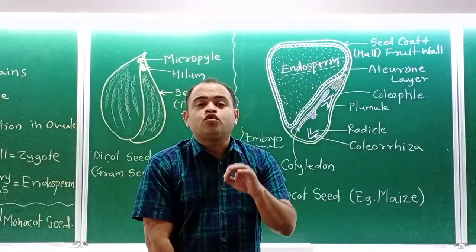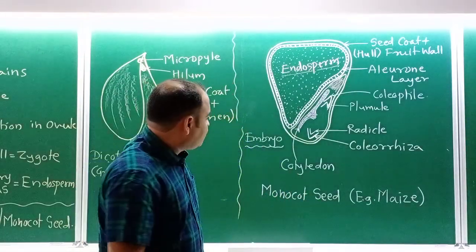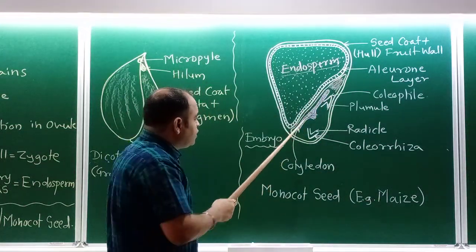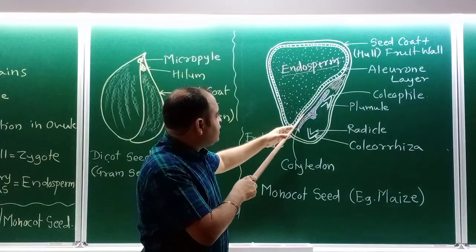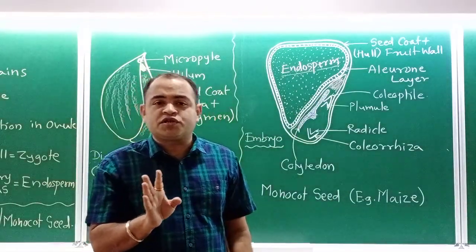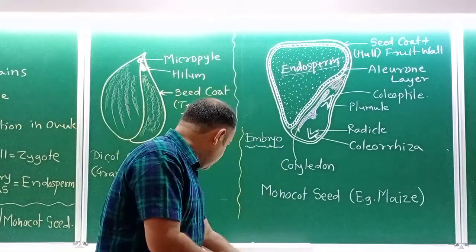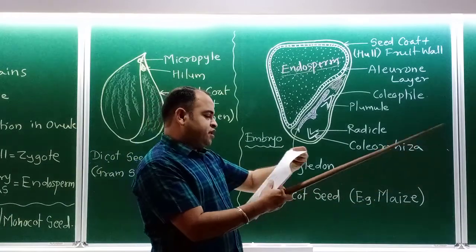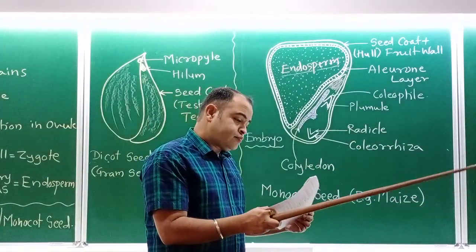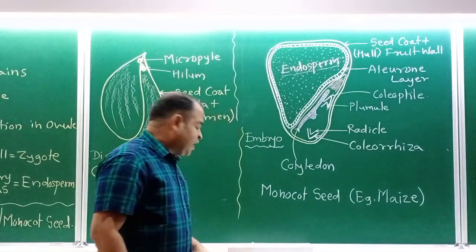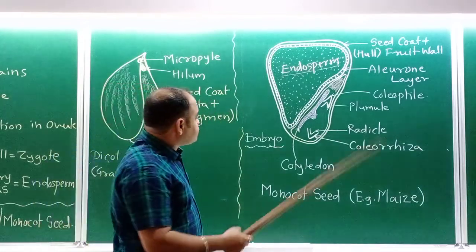Hence it is monocot. You can find a single cotyledon. There are actually two compartments. There is a layer of epithelial tissue present here, but I am not showing that structure. You can refer to your notes, sheet number 5. You can refer to those notes with me.